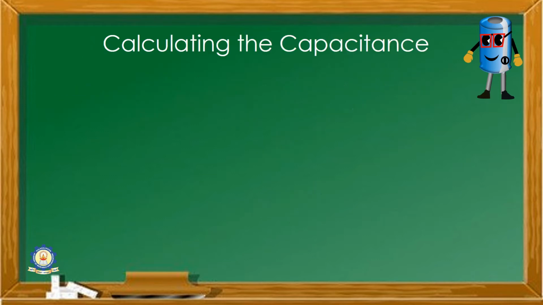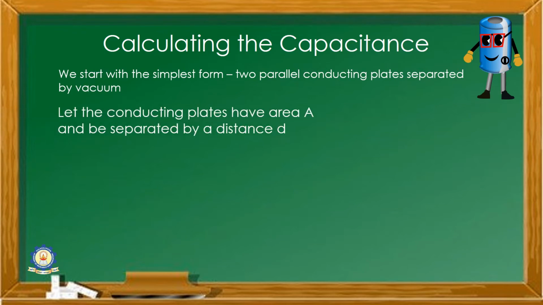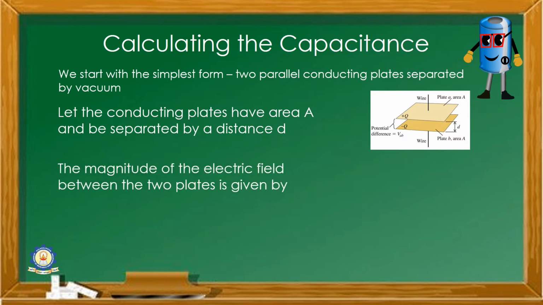How to calculate the capacitance? We start with the simplest form, two parallel conducting plates separated by vacuum. Let the conducting plates have area A and be separated by a distance d. The magnitude of the electric field between the two plates is E equal to sigma by epsilon naught.